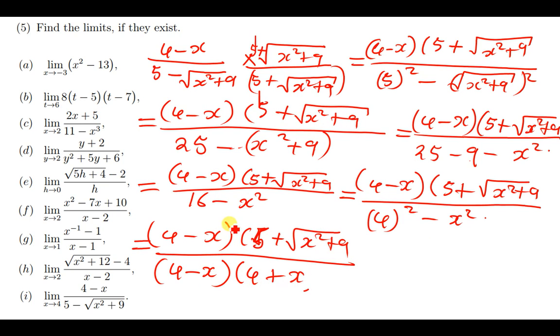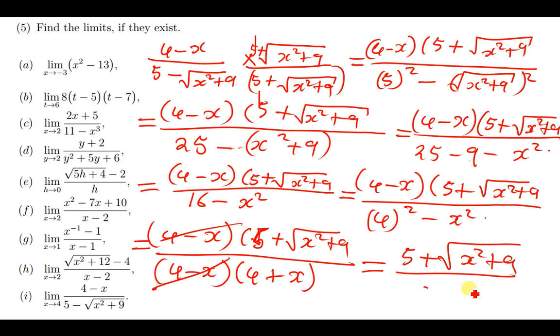So this and that will cancel, so we just remain with 5 plus the root of x squared plus 9, everything divided by 4 plus x.